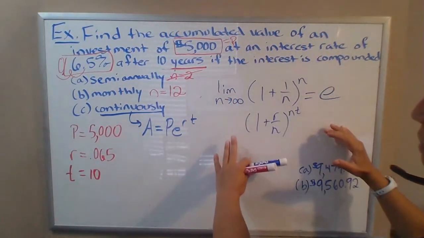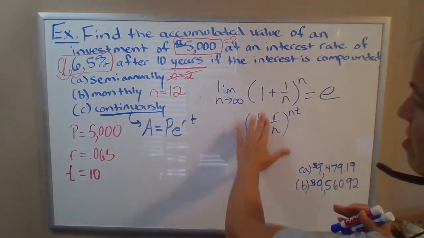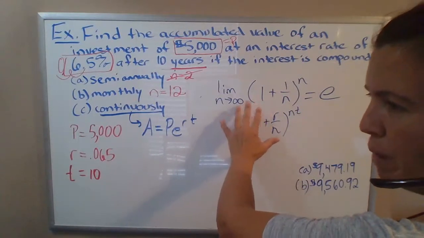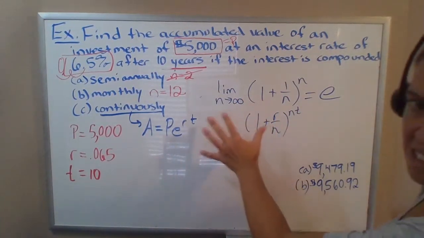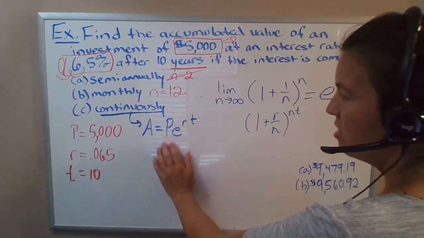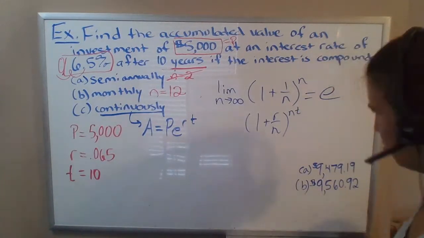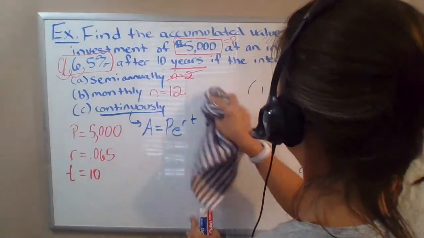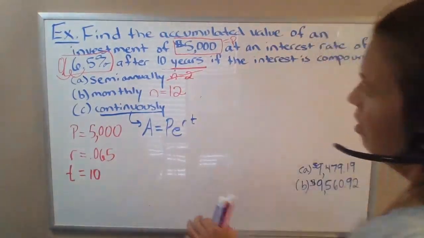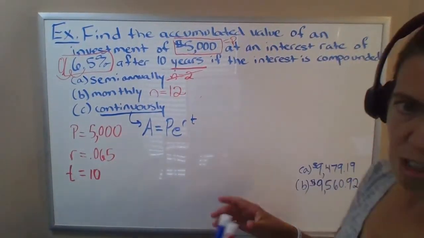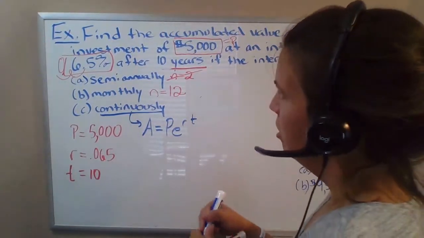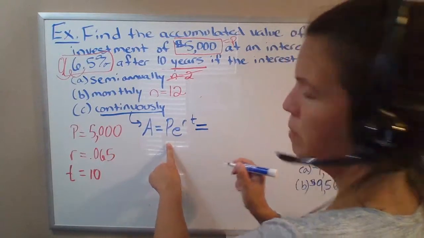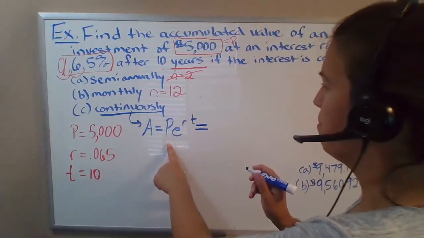Like I said, I'm not getting into exact differences, but that gives you a sense of how you get from that P times 1 plus r over n to the nt formula and change it to this Pe to the rt. We haven't shown it in detail, but maybe that gives you a general sense of what's happening there. But all you're really expected to do in this problem is just compute the accumulated value. So you don't really have to see the relationship between those formulas. You just have to be ready to use it.